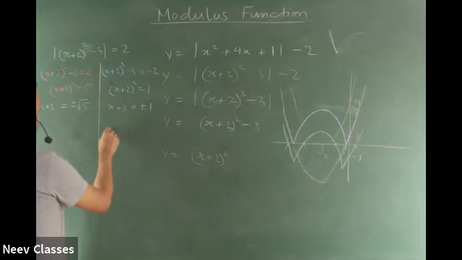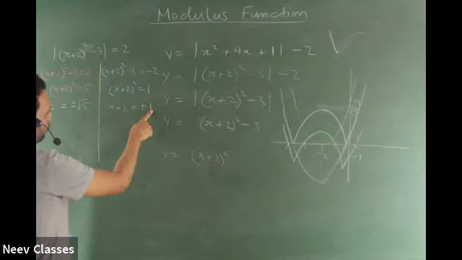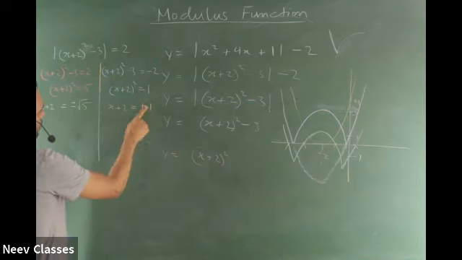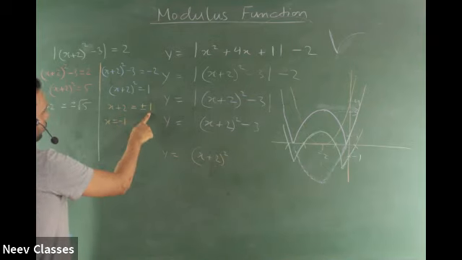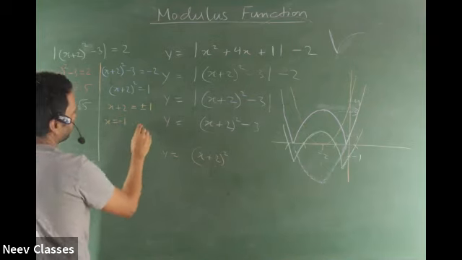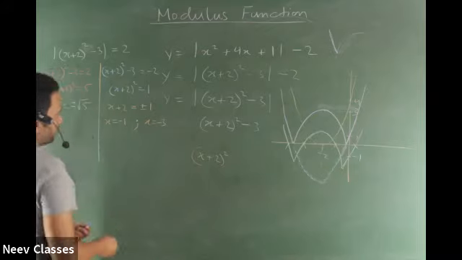So again, you'll have two solutions from here. X plus 2 is equal to plus 1 gives you what? X is equal to minus 1. X plus 2 is equal to minus 1 gives you what? X is equal to minus 3, right?